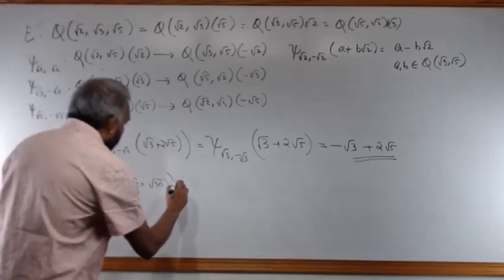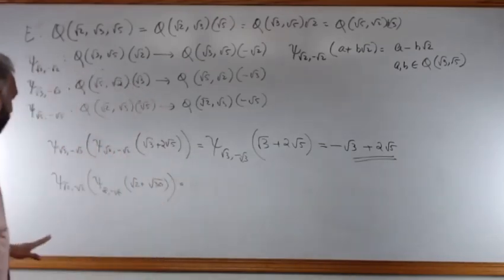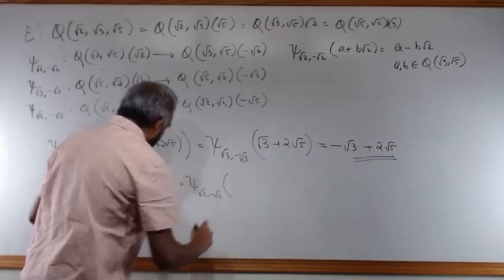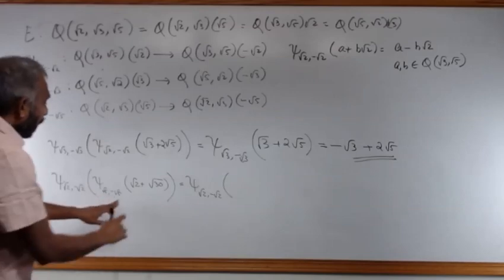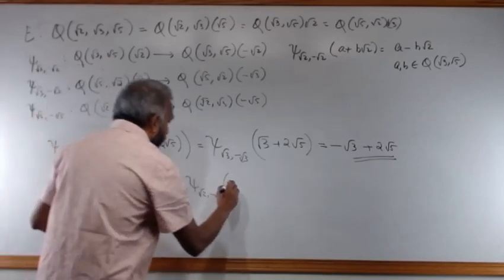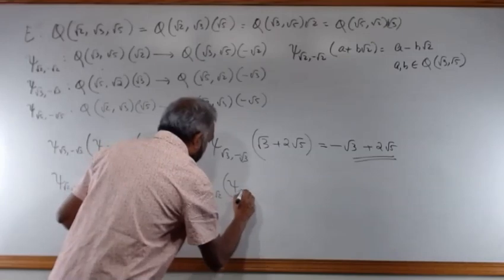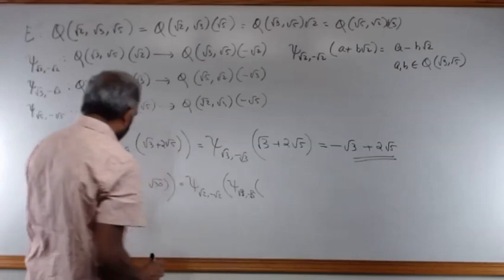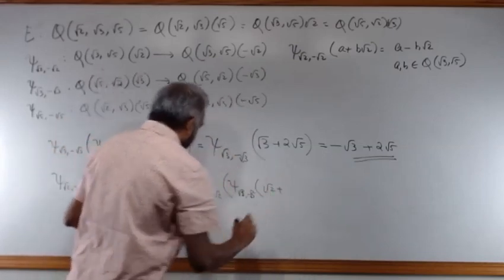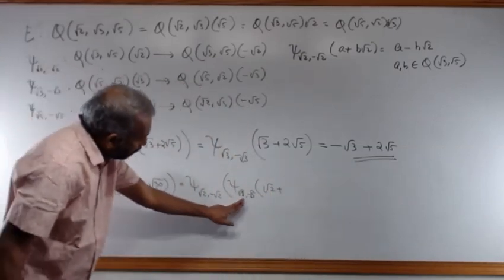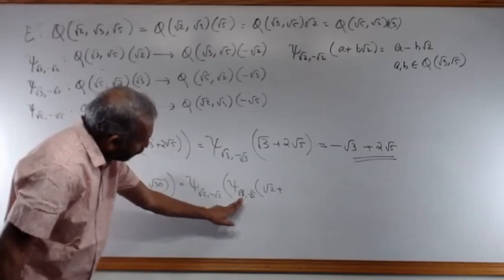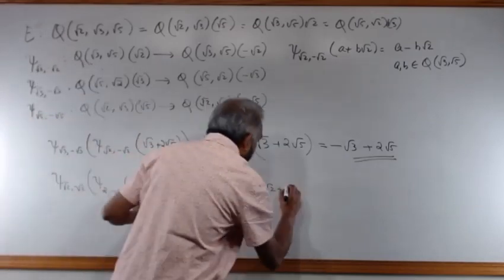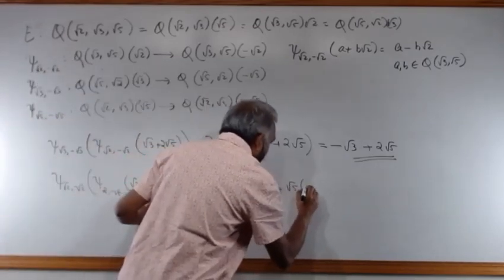This is actually equal to psi of root 2 comma minus root 2. I'm going to expand this one, so I'm not going to evaluate the root 5 yet. So psi of root 5 comma minus root 5 of root 2 plus, see, we are going to take this root 5 out and make it root 6.